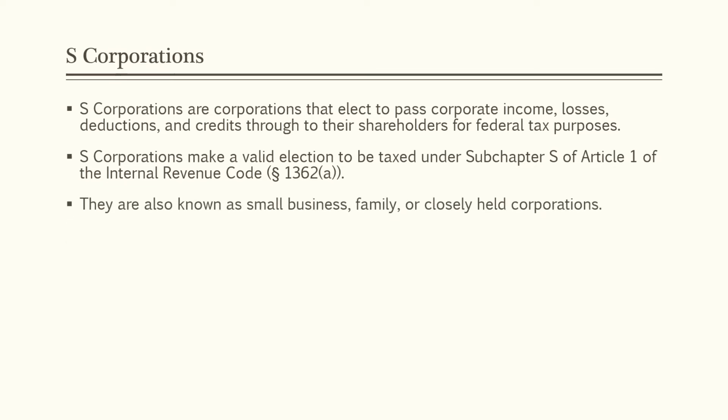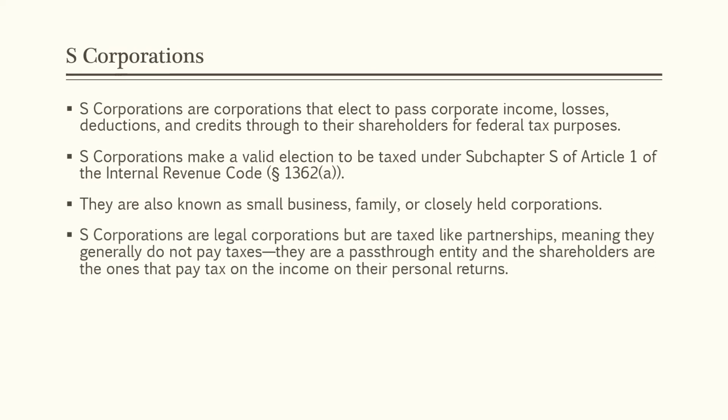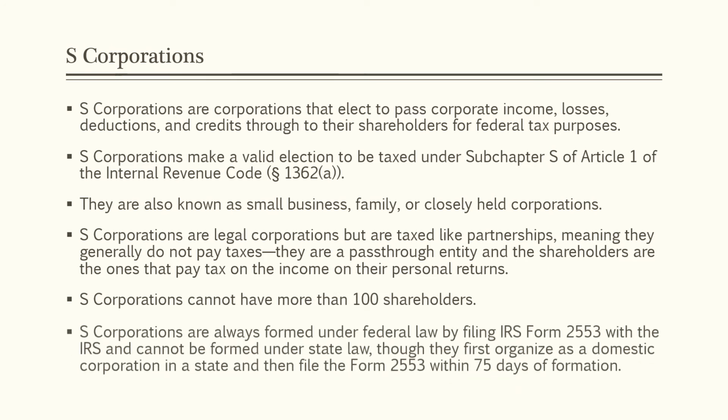They're also known as small business, family, or closely held corporations. S corporations are legal corporations but are taxed like partnerships, meaning they generally do not pay taxes. They are a pass-through entity and the shareholders are the ones that pay tax on the income on their personal returns. S corporations cannot have more than 100 shareholders.